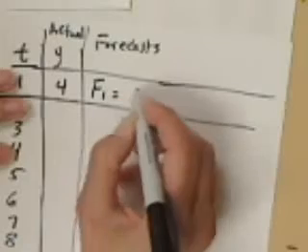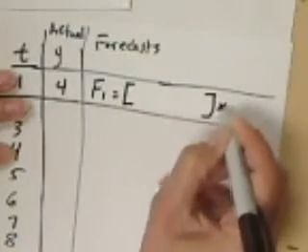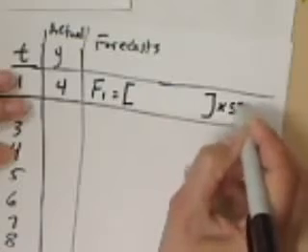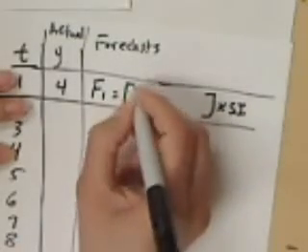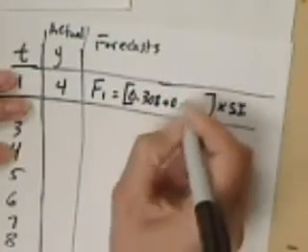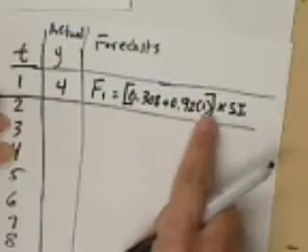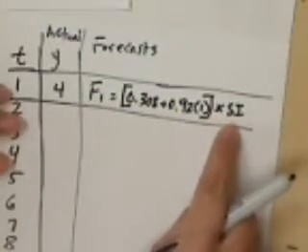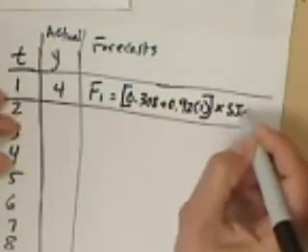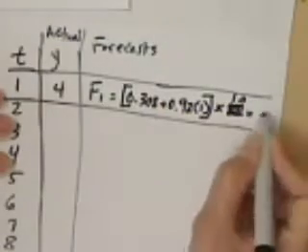I would say my forecast is my trend forecast multiplied by my seasonal index. So my trend forecast was 0.308 plus 0.92 times 1, because this is time period 1. Then I multiply it by my seasonal index for quarter 1, which is really 1, and then I would have my forecast.